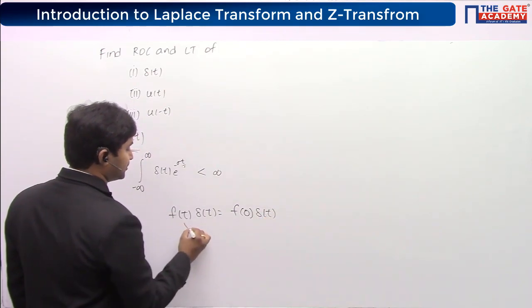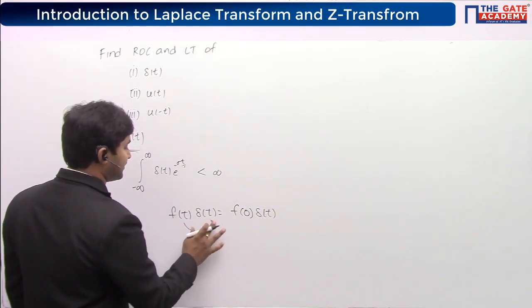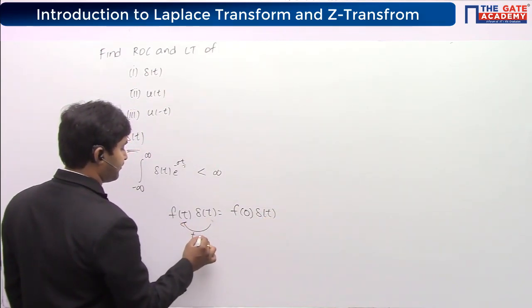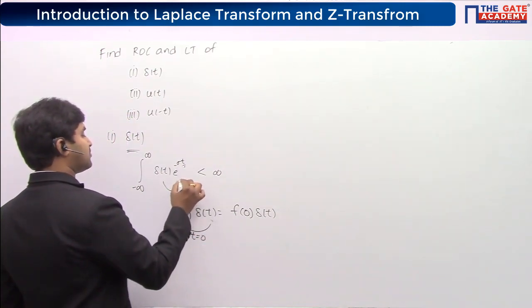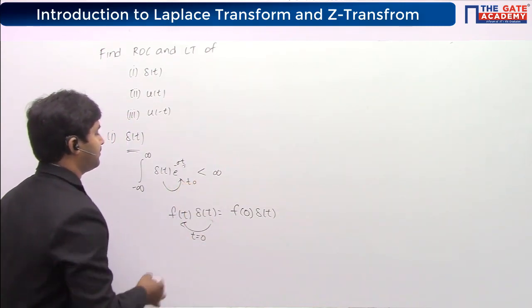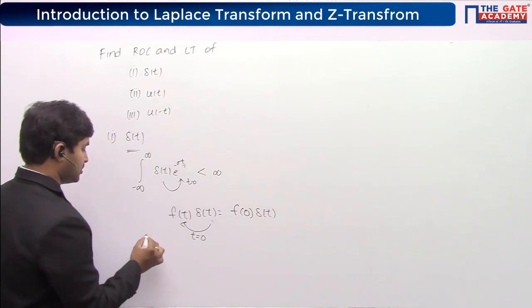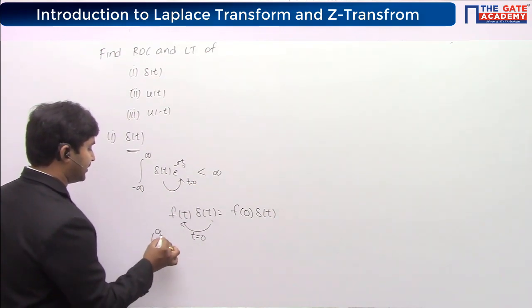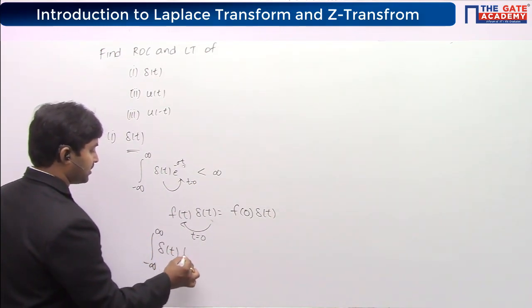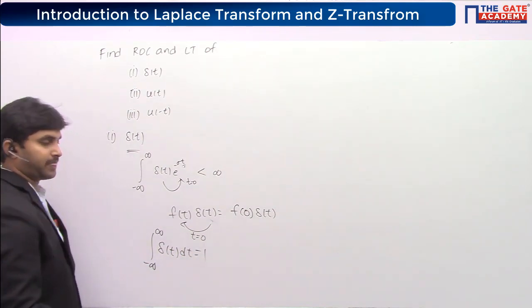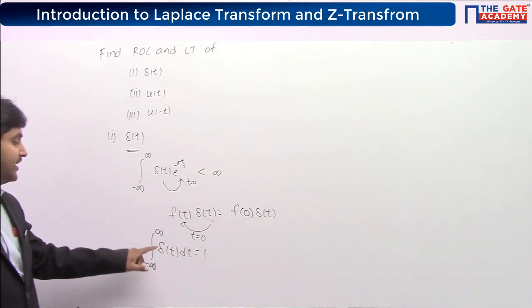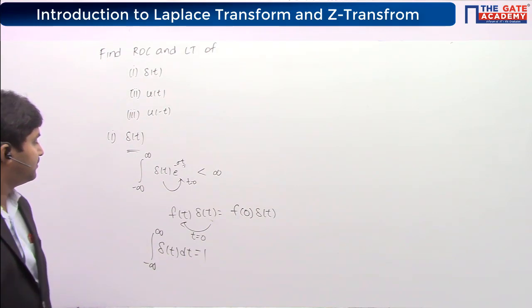In a way, I can put the value of t equal to 0 here. So if I put t equal to 0, then the integral from minus infinity of del of t dt is equal to 1.